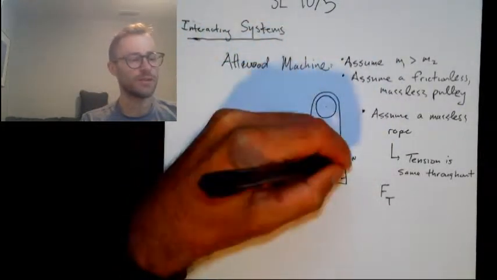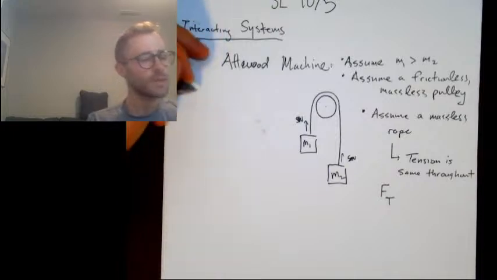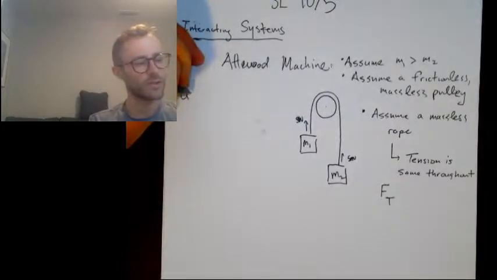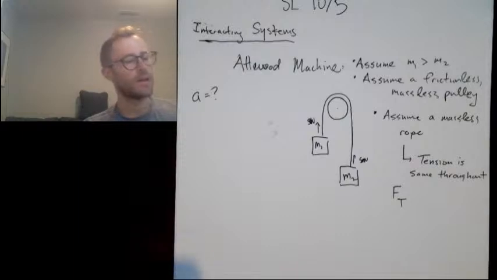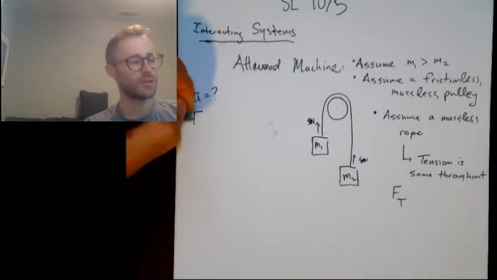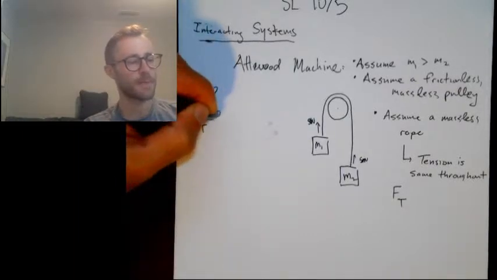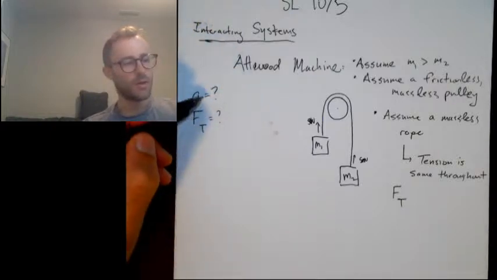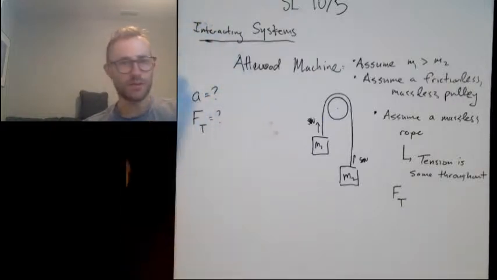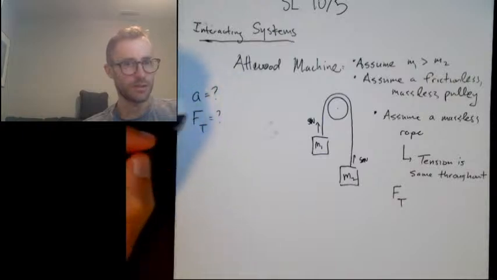So what we would like to know is, first of all, what is the acceleration of the system? And secondly, what is the tension in the rope? Now, one comment about the acceleration.